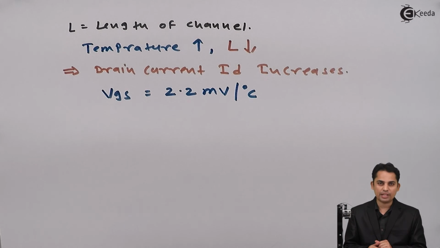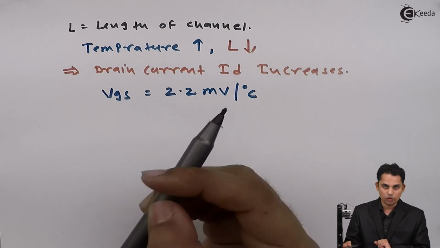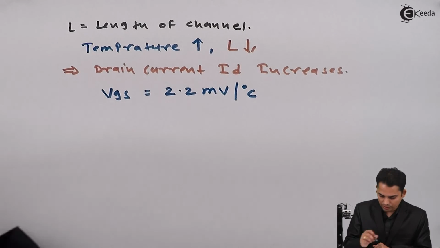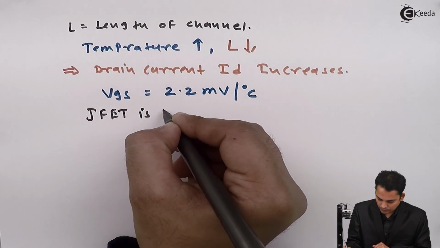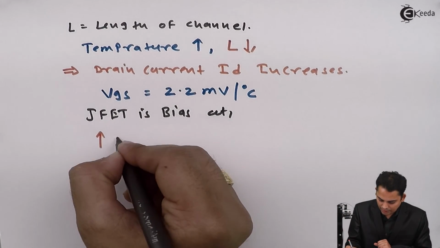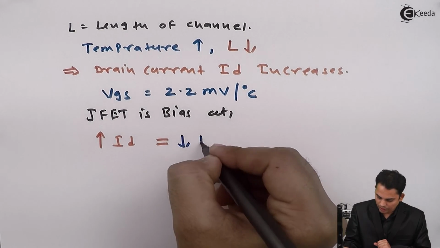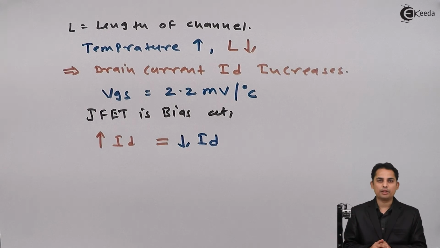JFET is biased at a point where drain current is independent of the temperature, and at the same time the increment in drain current is equal to the decrement in drain current. Hence JFET is biased where the increase in drain current is equal to the decrease in drain current. At this point we are going to bias JFET, and this condition is called zero temperature drift.